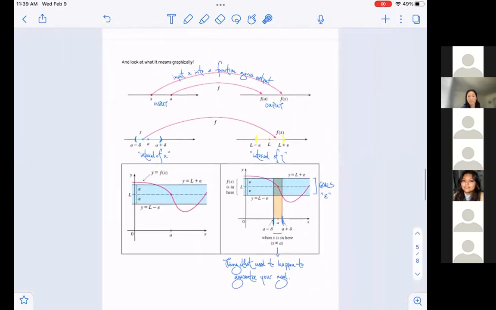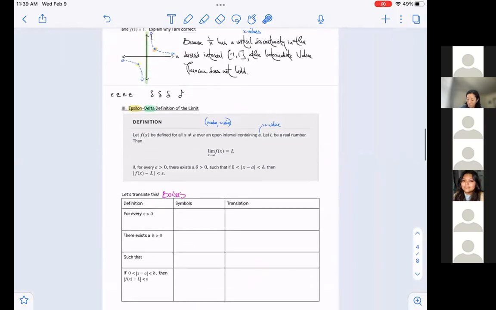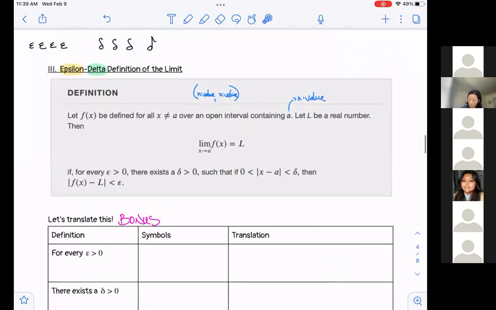So my attempt at trying to make this relatable, let's go back to the definition and see if this is making any sort of sense. Right? So we have this definition, right? We're thinking about a function. It's defined over some open interval.